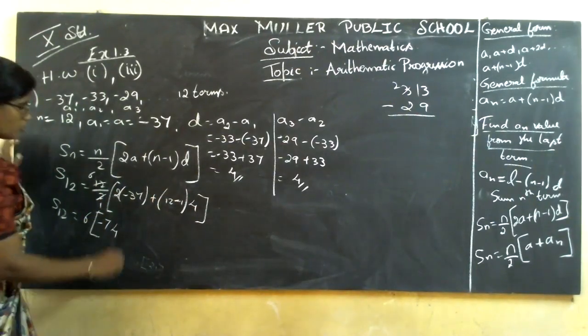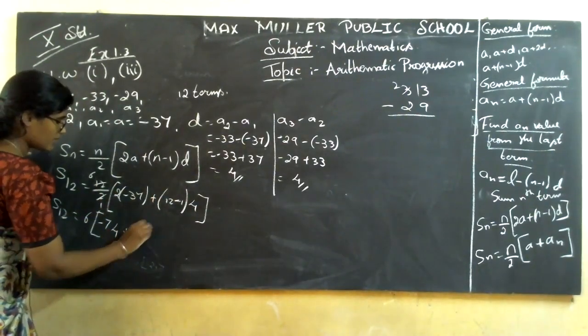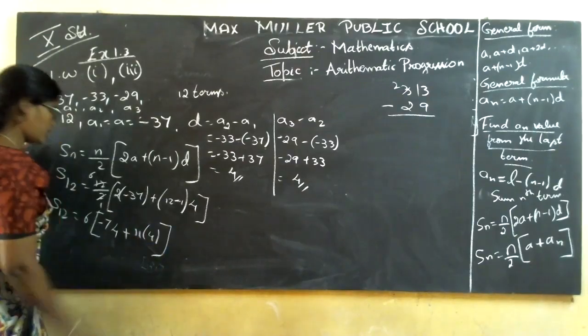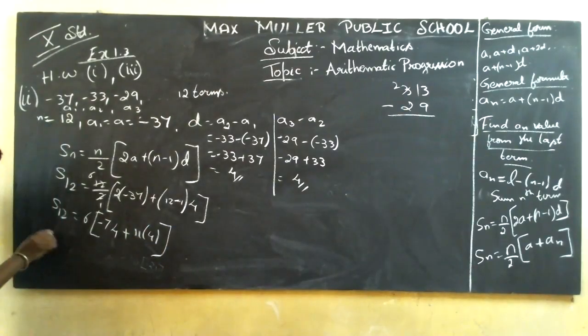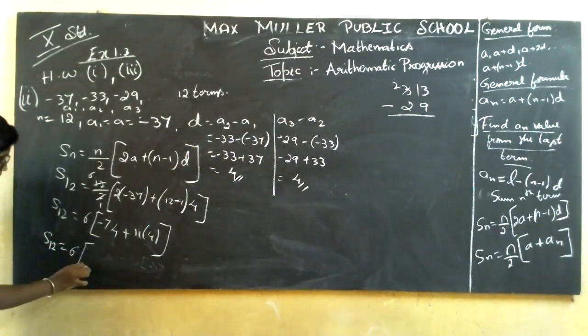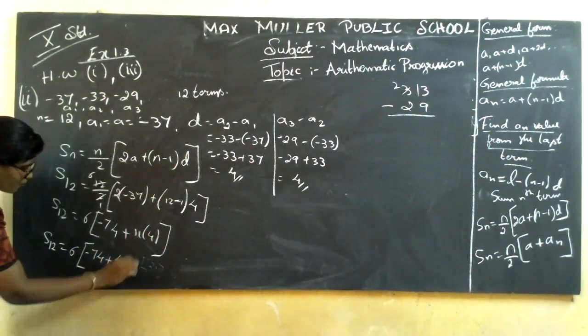Minus 74 plus 11 into 4. Correct? So what happens? S12 will be 6 into minus 74 plus 44.